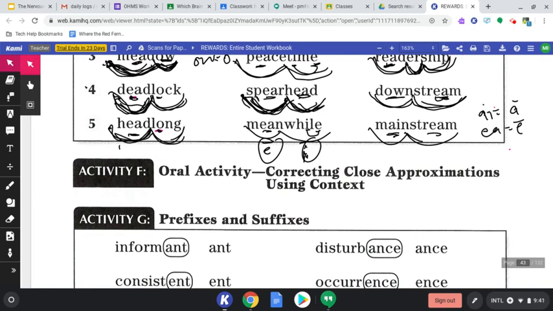Activity F, oral activity, correcting close approximations using context. Our objective is to correct the pronunciation of orally presented words that are intentionally mispronounced. My favorite one. Okay? Listen. I read the word comparison.